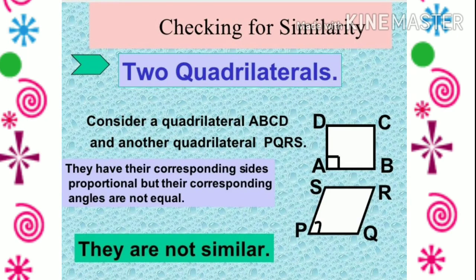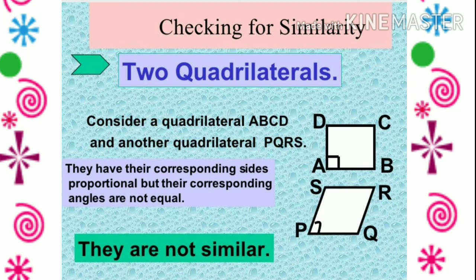Next example, two quadrilaterals. Consider a quadrilateral ABCD, it looks like a square, and another quadrilateral PQRS. They have their corresponding sides proportional, but their corresponding angles are not equal.